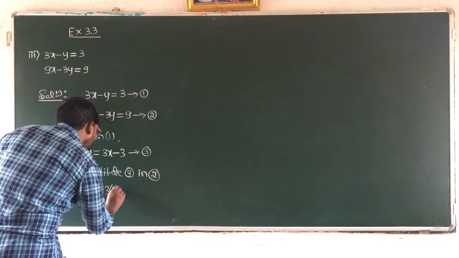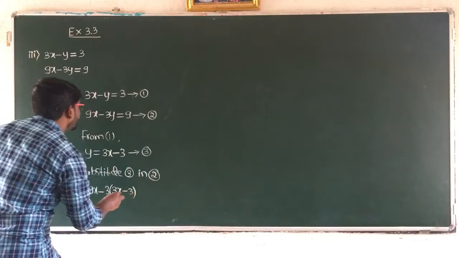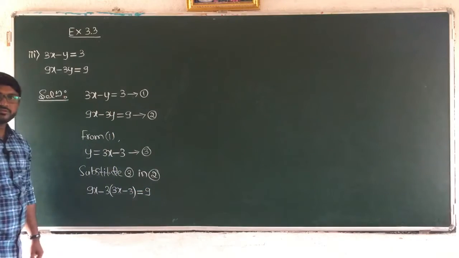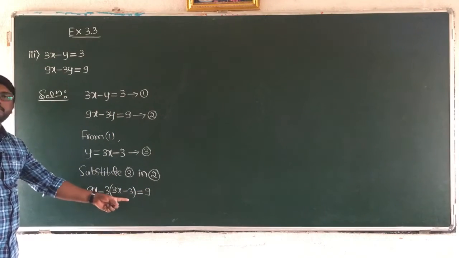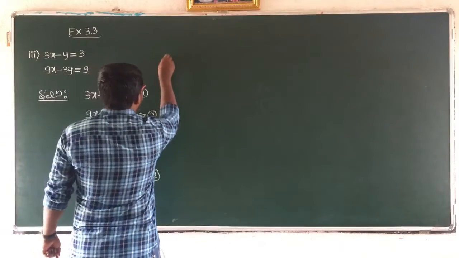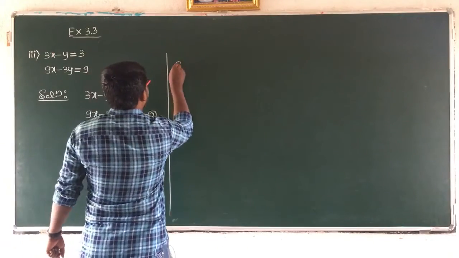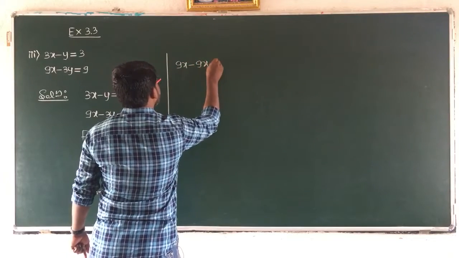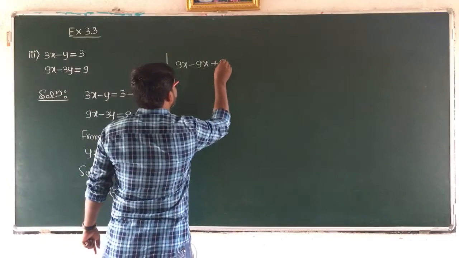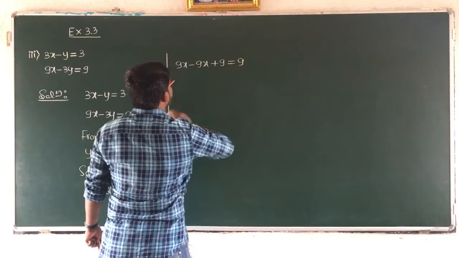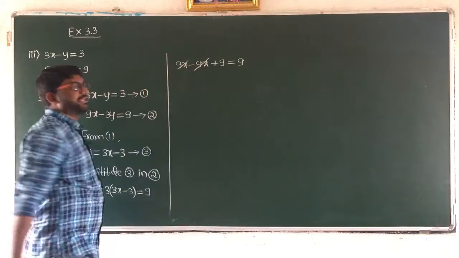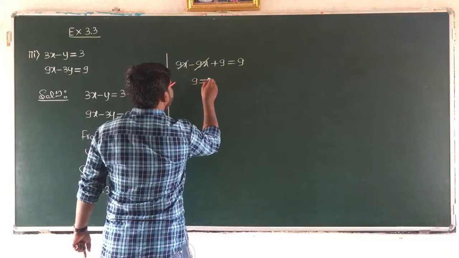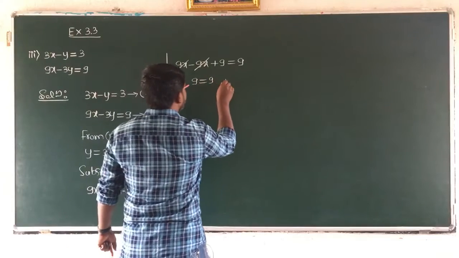So, we get 9x minus 3 times (3x minus 3) equals 9. Now multiply 3 inside the bracket. Write 9x as it is, then minus 9x, and minus into minus is plus, we get 9, which equals 9. So plus 9x minus 9x cancels, and we get 9 equals 9, which is true.